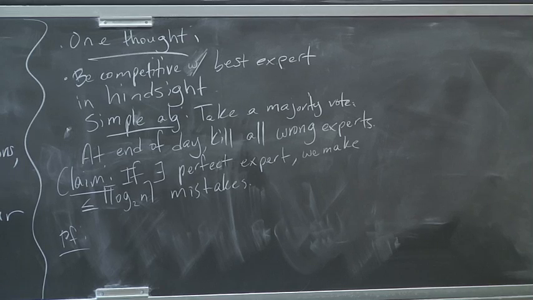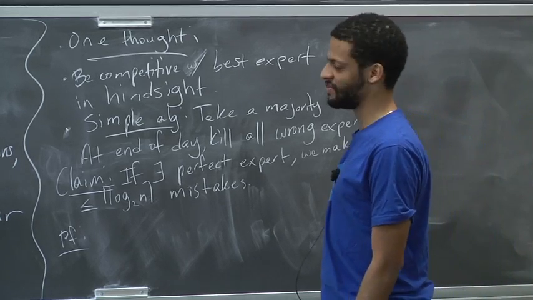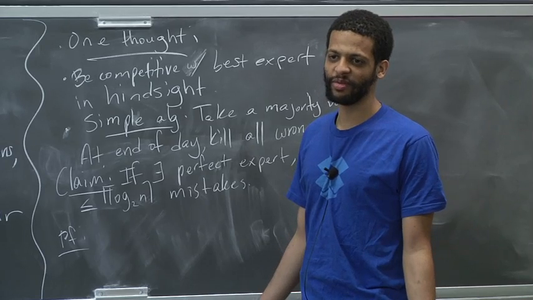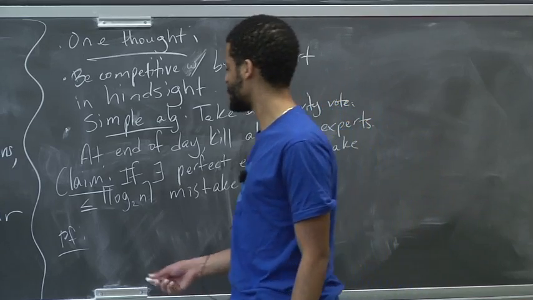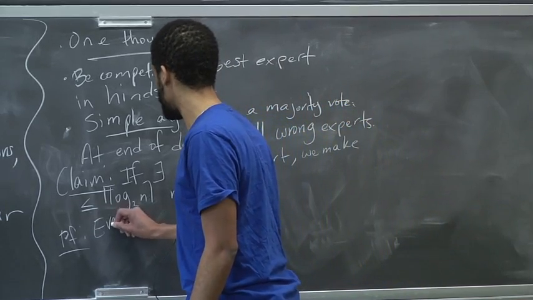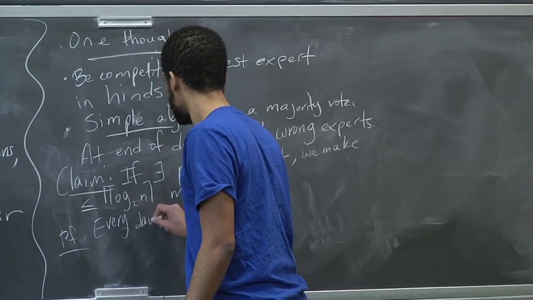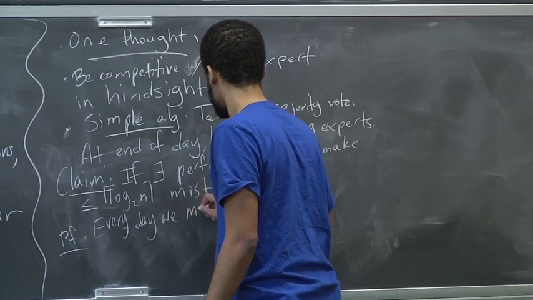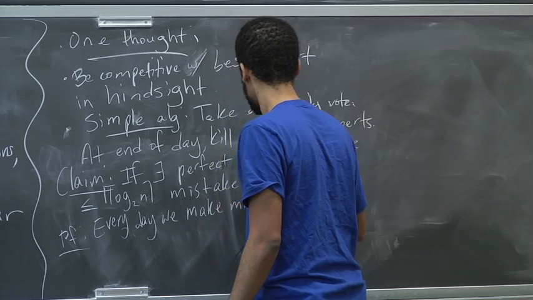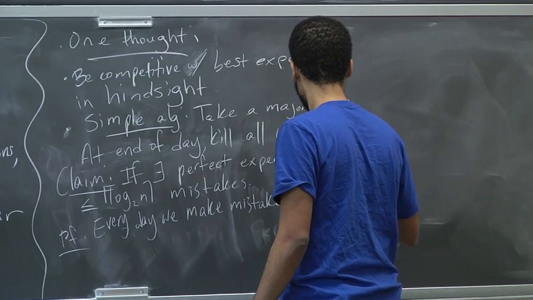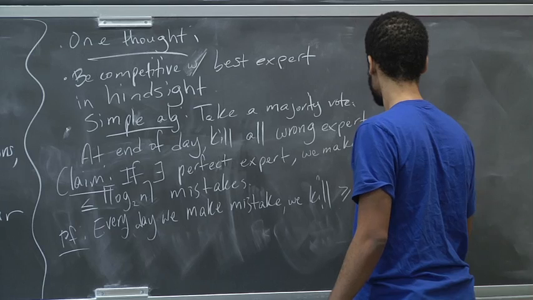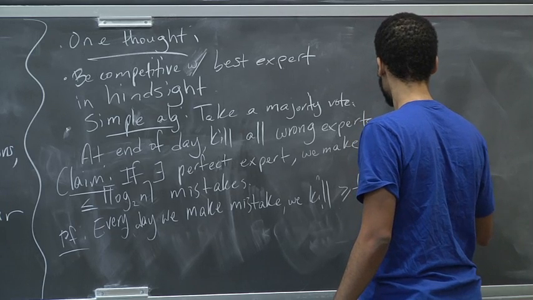So the point is, every time we make a mistake, most of the people were wrong, so we kill half the people. So every day we make a mistake, we kill at least half of the population of the experts.